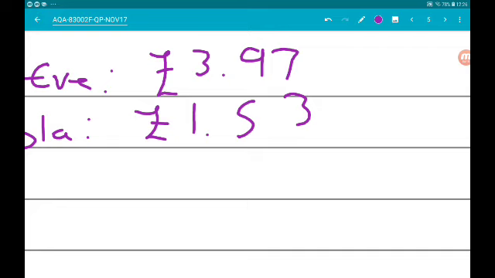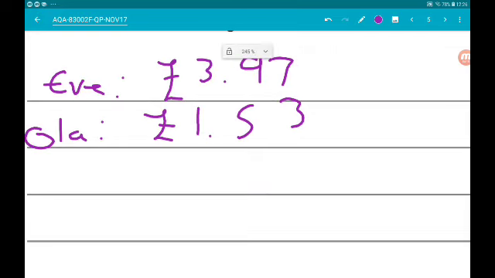Now, what we can do is find the difference between these amounts, and then for them to end up with the same amount, Eve has to give Ola half of that difference.